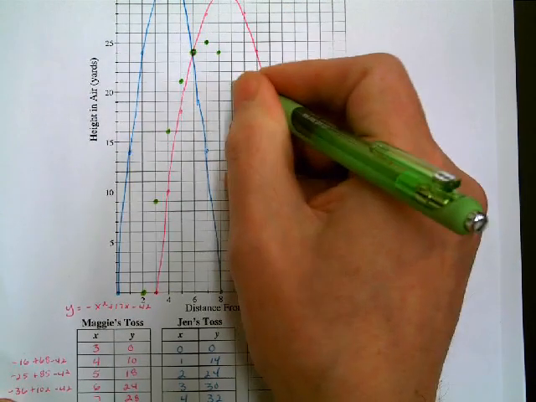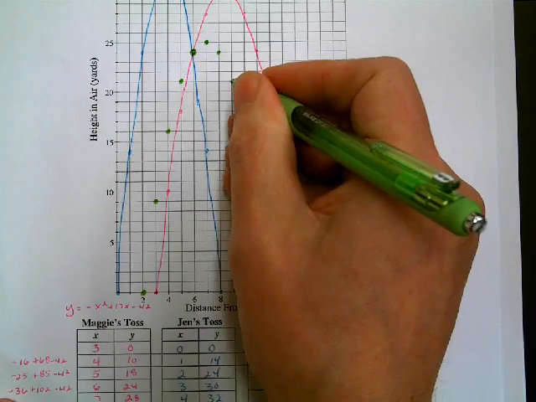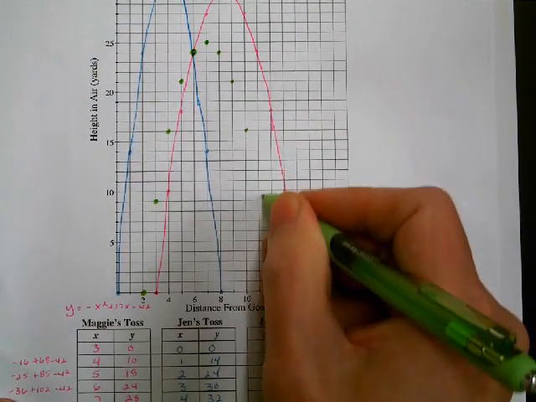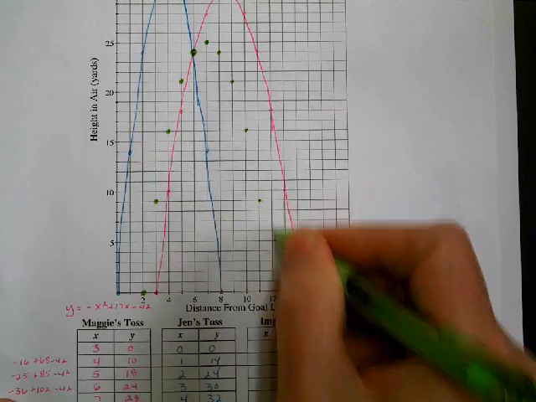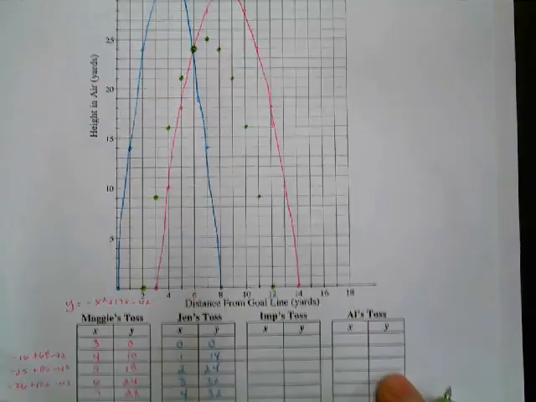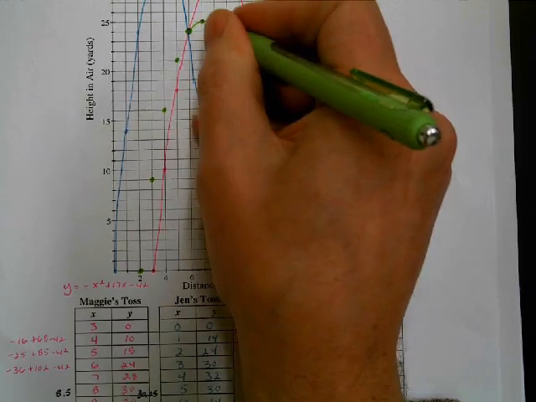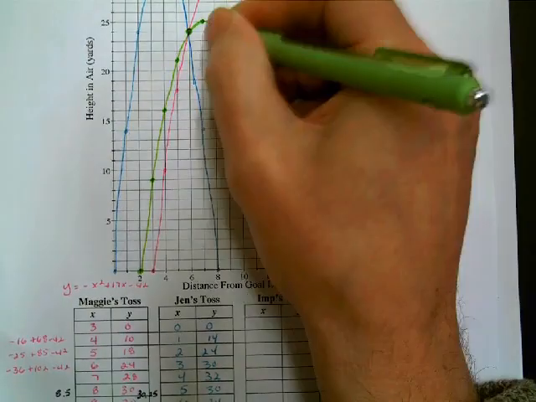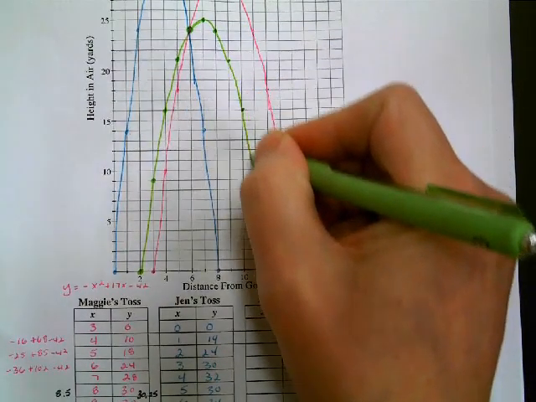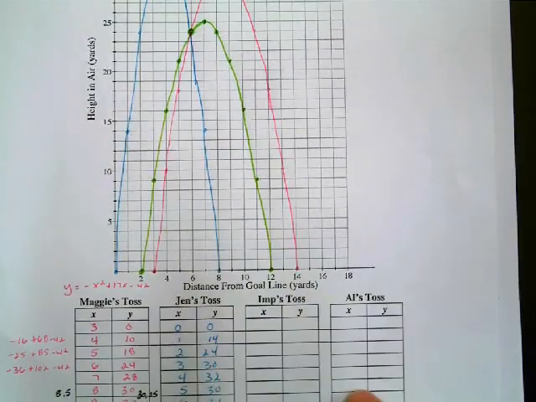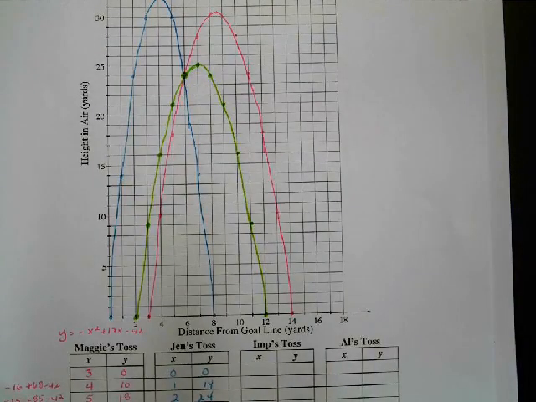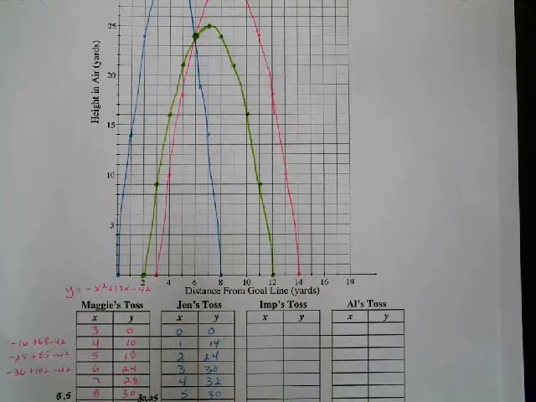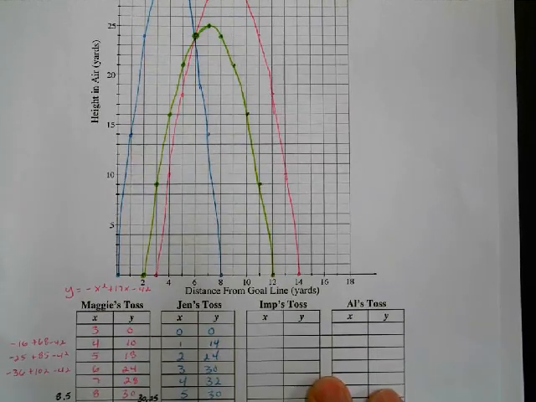So I'm just doing reflection across, reflection across, next reflection across. And over here at 12, they're hitting the ground. All right, so there you go. There's Imp's. His definitely did not go the highest. So far, looks like Jen's going the highest. Imp, not so good.